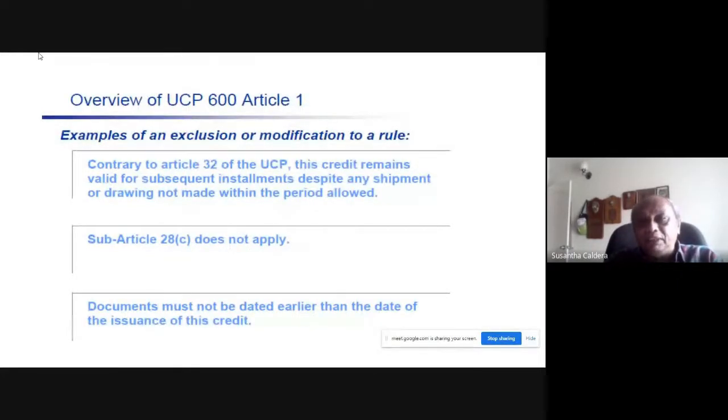Examples of an exclusion or modification to a rule, under Article 1. When reading the article, shall we go through the article?